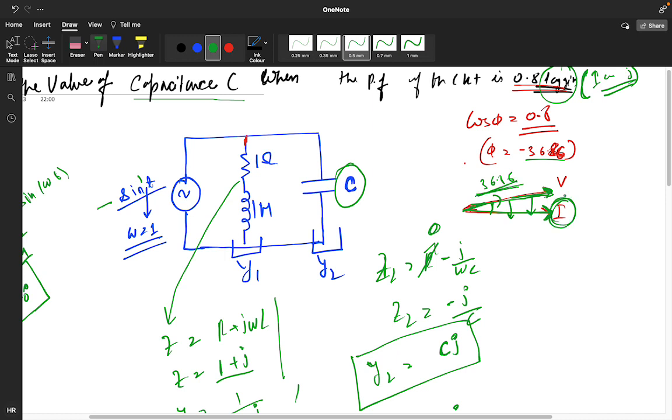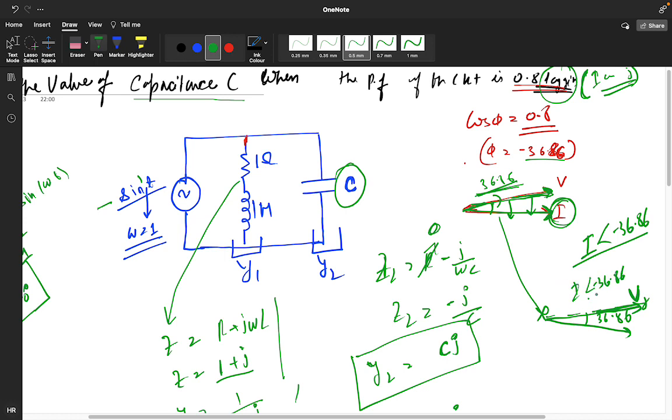So current is behind by 36.86 means you have a current at an angle minus 36.86. If you take the reference, you have to draw minus 36.86 like this, and your voltage is at an angle 0 degree, so that's why it is at this point only, V. So these two figures are the same. Okay, so you know that I is at an angle minus 36.86.